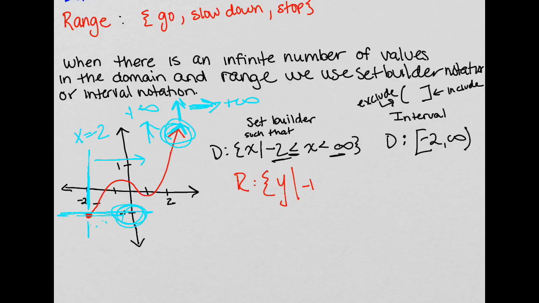Here we're beginning with -1. It's included, so we have the "or equal to," and then positive infinity. And again, for interval notation, we're going to include the -1 with a bracket and exclude the positive infinity with a parentheses.